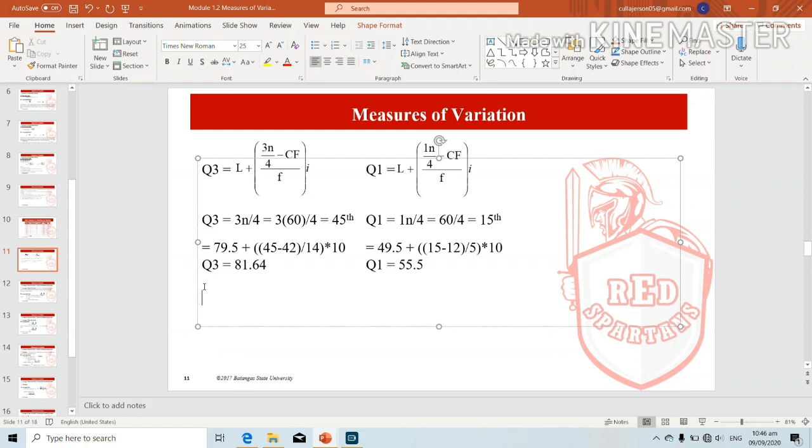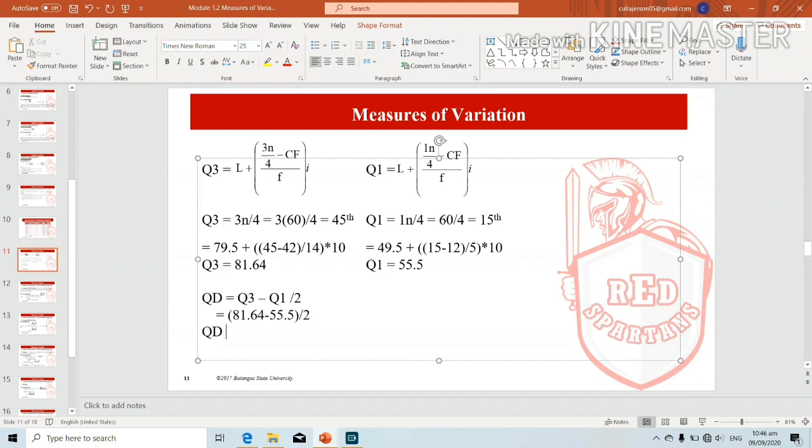So, pwede na natin kunin yung QD. Quartile deviation is equal to Q3 minus Q1 over 2. So, yan na yung value. Hindi na kayo titingin dun sa table. Yan na yung mismong value. So, equal to 81.64 minus 55.5 divide 2.